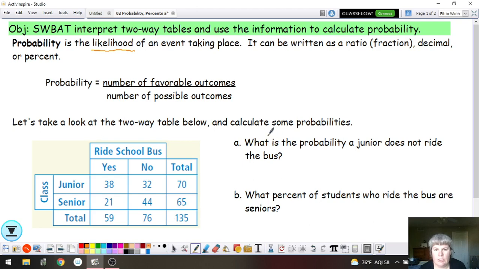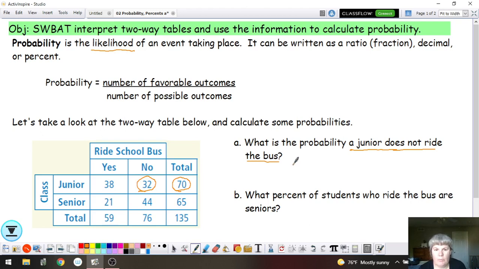So our first question is, what is the probability a junior does not ride the bus? So we're looking specifically at juniors not riding the bus. Because I'm looking specifically at juniors, I know I have a total of 70 juniors, and 32 of them do not ride the bus.